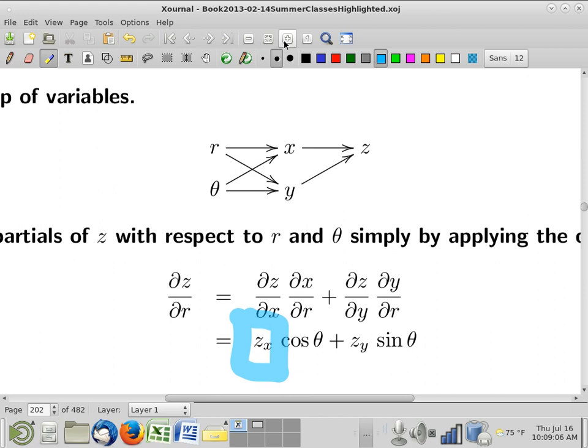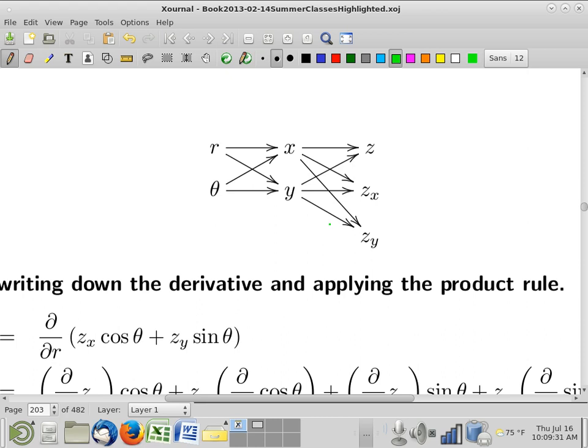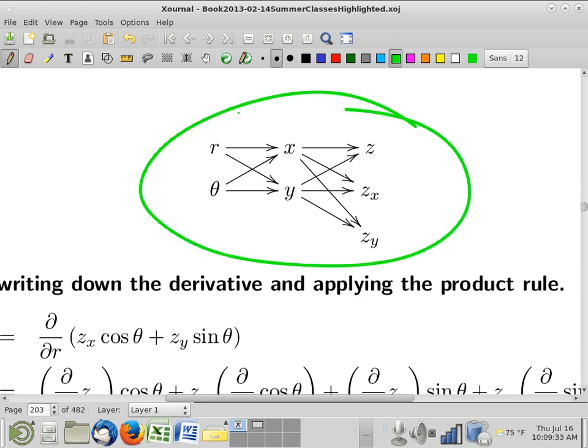So Zx is a function of x and y. Is that cool? Everybody happy? Okay. And likewise, Zy is a function of x and y. And the arrows get kind of messy. I've redrawn this diagram down here, but there you go. So there's our new diagram.